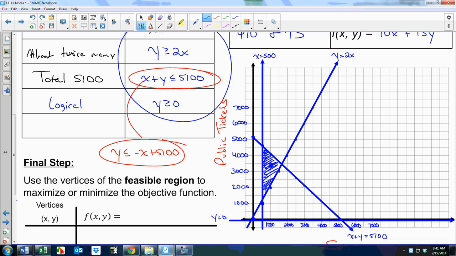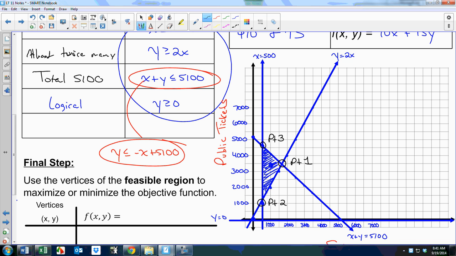All right, now I'm going to call these points point 1, point 2, and point 3 for a reason. What two lines are crossing at point 1?